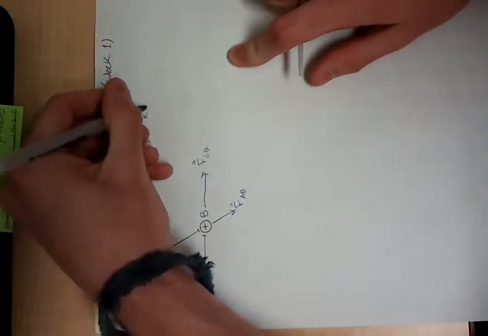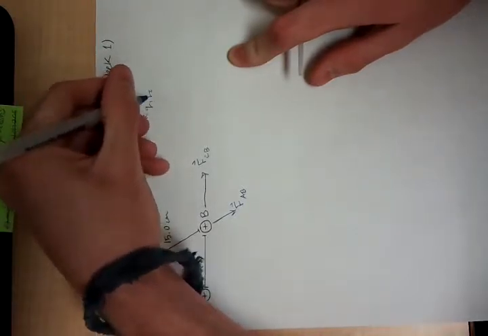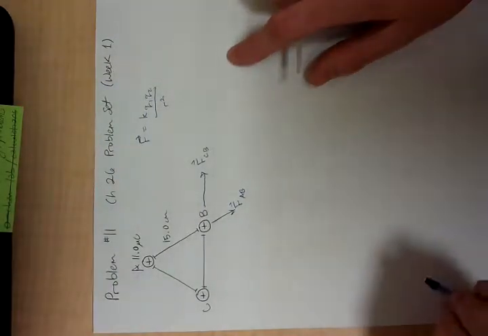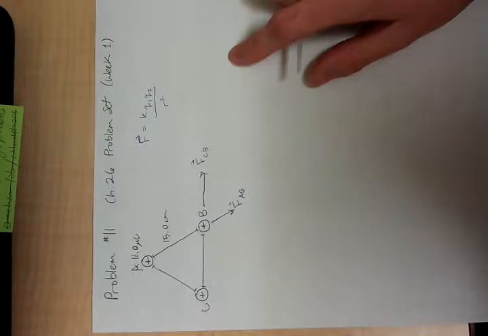Force is equal to K times Q1 times Q2 over R squared. And we'll come back to adding a direction to those forces when we finish the problem.